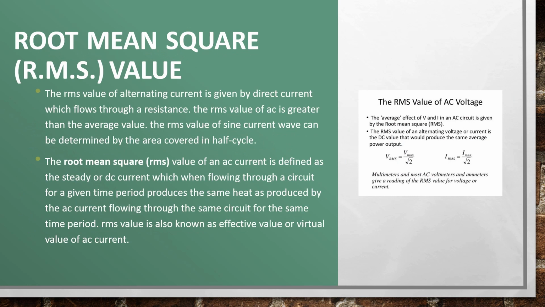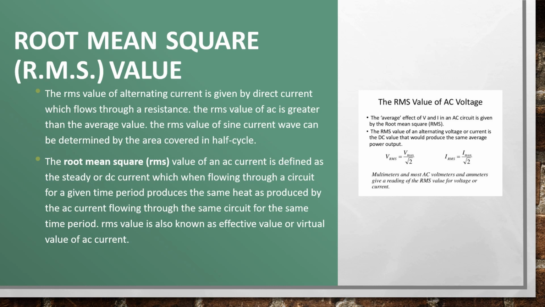The RMS value of alternating current is given by the direct current which flows through a resistance. The RMS value of AC is greater than the average value. The root mean square value of a sine current wave can be determined by the area covered in half cycle.